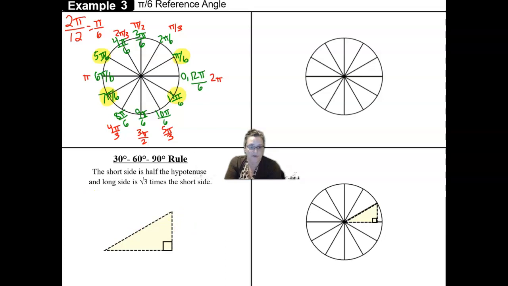So as we go through now counting in degrees, this is 0, and there are 360 degrees in the entire circle. We're dividing that into 12 congruent sectors, and each of those then measures 30 degrees.